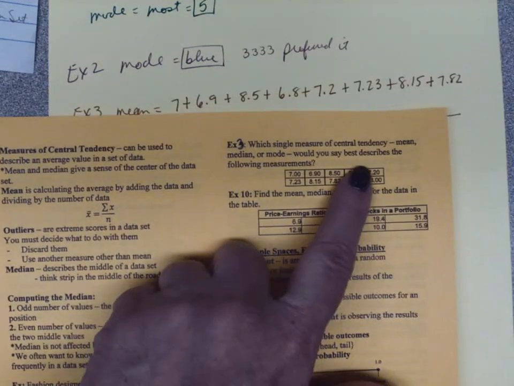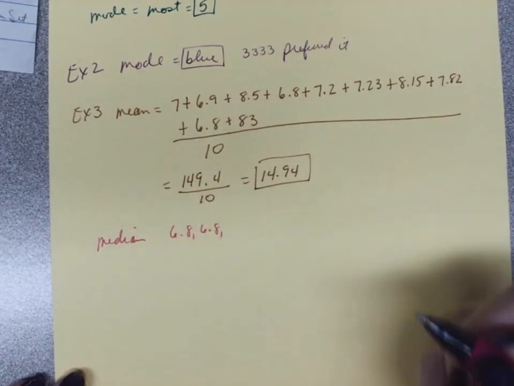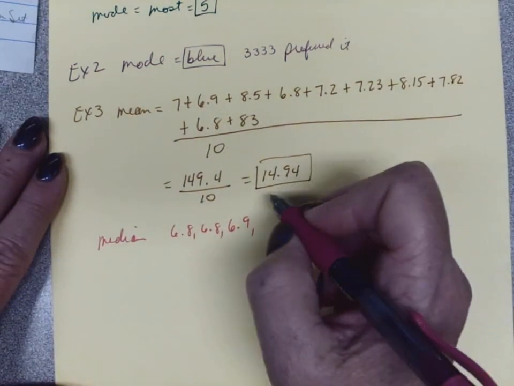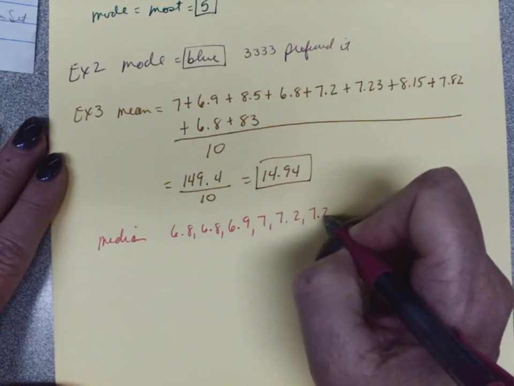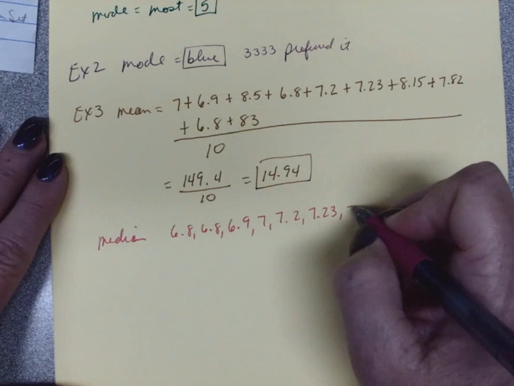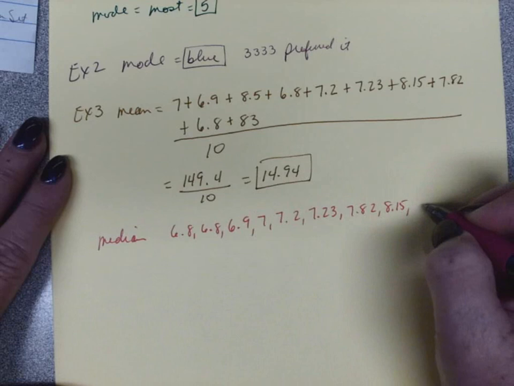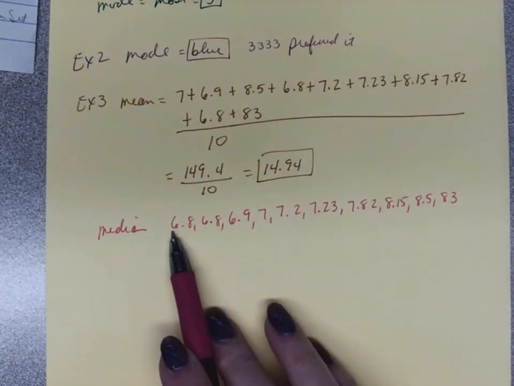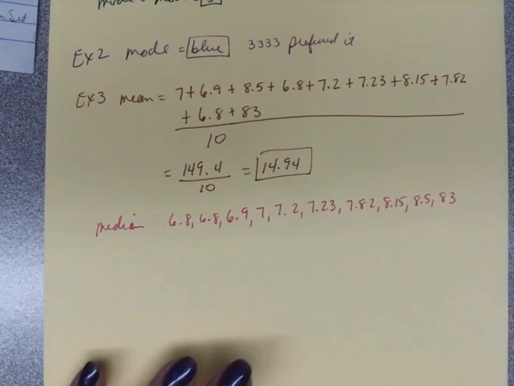So I had 2 6.8s, and then I have a 6.9, a 7, a 7.2, a 7.23, a 7.82, an 8.15, an 8.5, and an 83. So again, 1, 2, 3, 4, 5, 6, 7, 8, 9, 10. Okay, I've got them all listed.